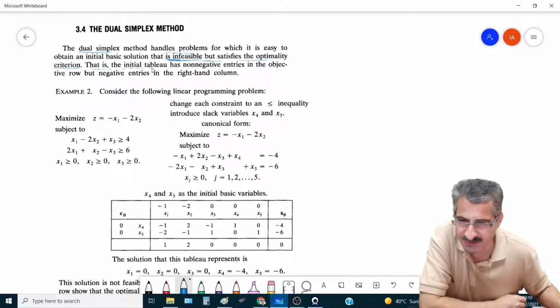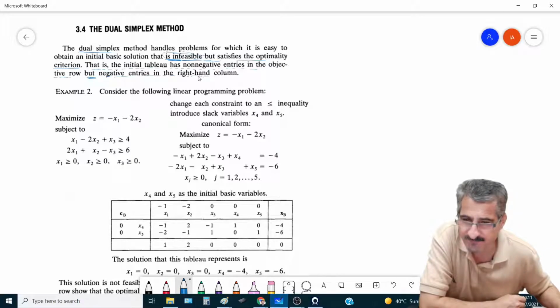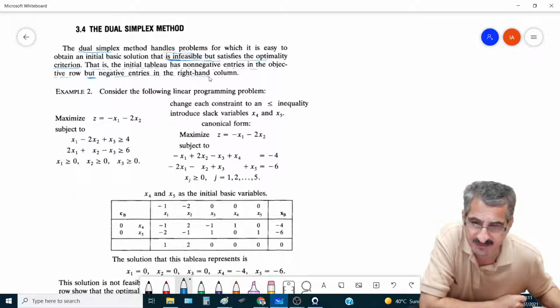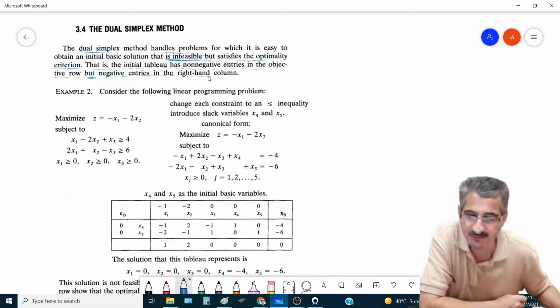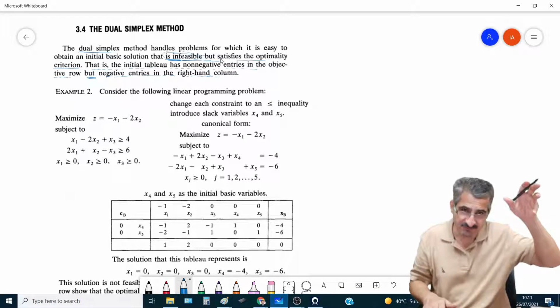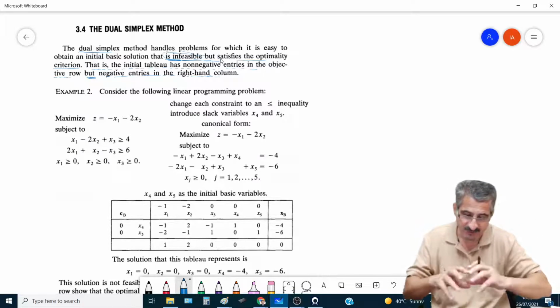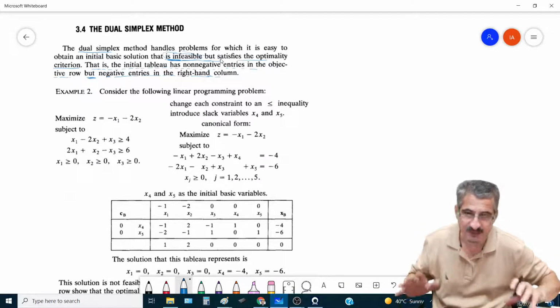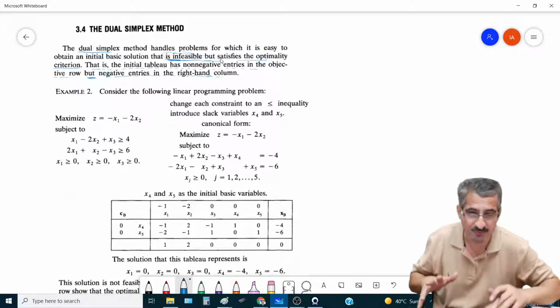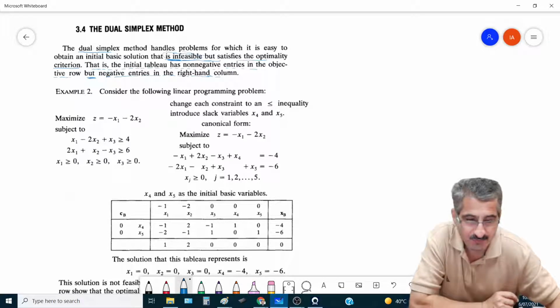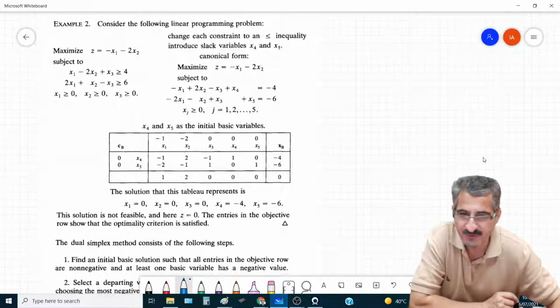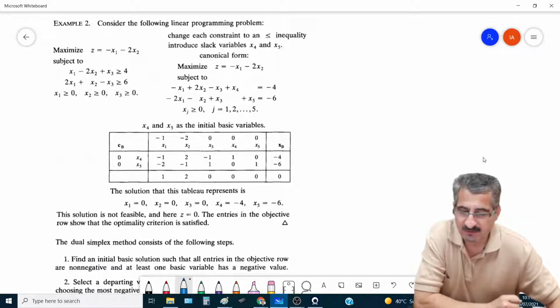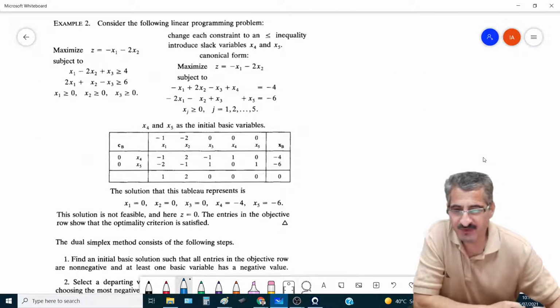The initial table has non-negative entries in the objective row, but negative entries in the right hand column. So we might have negative entries in the column, but non-negative entries in the objective row. Then we start the dual simplex method. Okay.